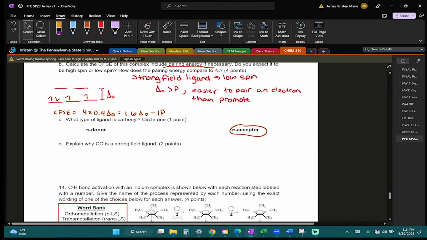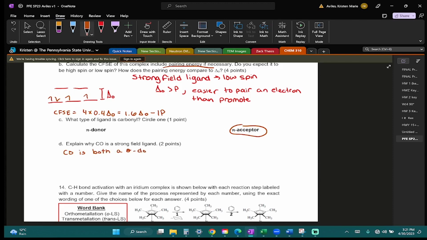All right, so now we're gonna... Was there another question? No? Okay. Now it just wants us to explain why carbonyl is a strong field ligand. So I kind of went over why that was in that last little spiel. So CO is both a sigma donor and pi acceptor.